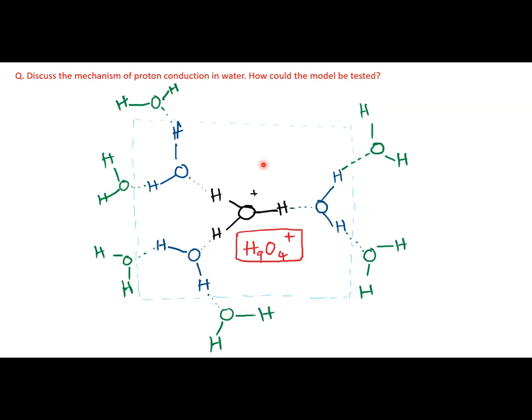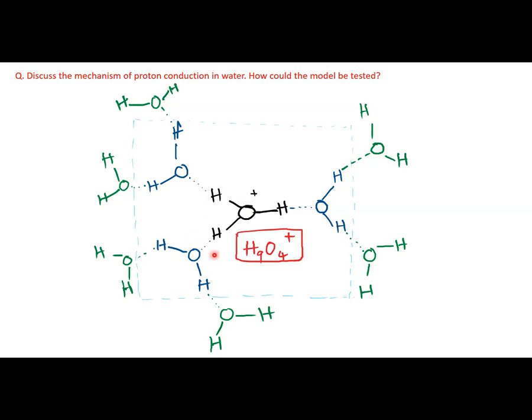The conduction mechanism in water follows a rearrangement of its structure rather than a diffusion mechanism. This is explained by the Grotthuss mechanism. Imagine a protonated water molecule H3O plus, which is solvated by other water molecules.